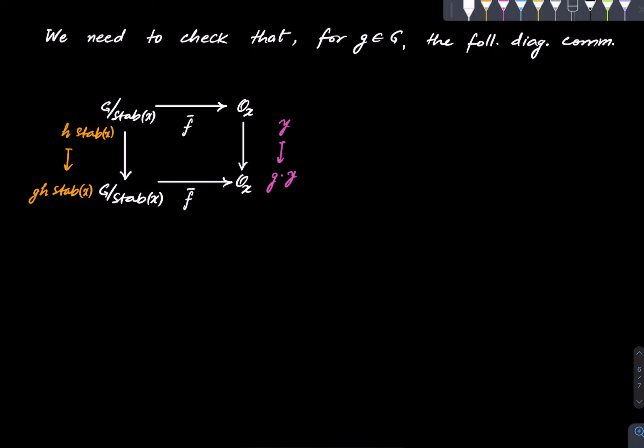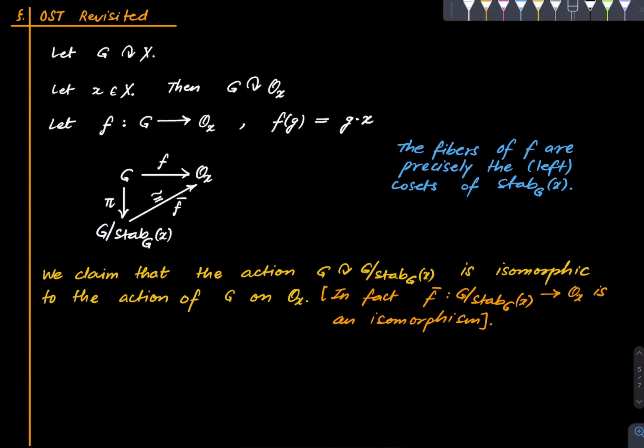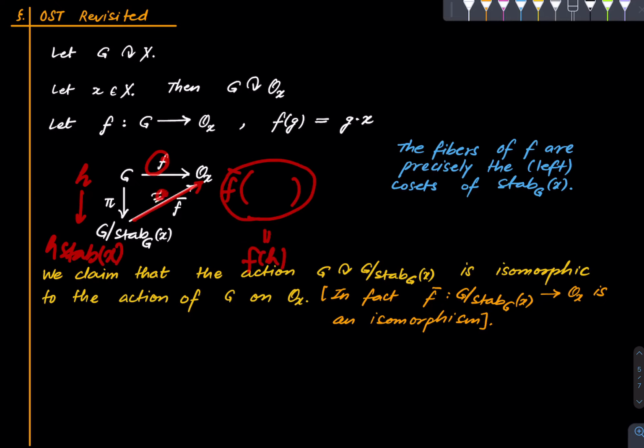So how do we check that? Basically, we start with a left coset of the stabilizer. What does that map to under f bar? That's the same as f of h, where recall what f is. So you start with h stabilizer of x, that maps under f bar to f of h, because this diagram commutes.